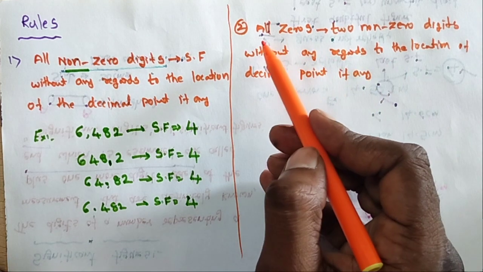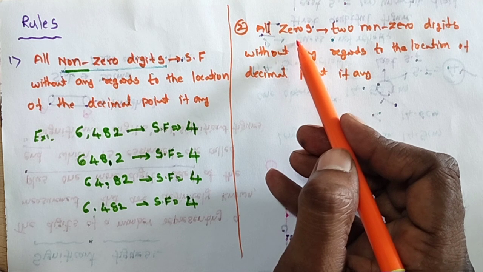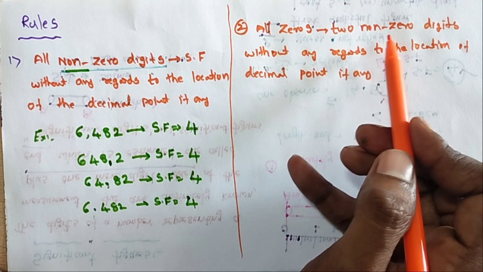What is the second condition? All zeros between two non-zeros.